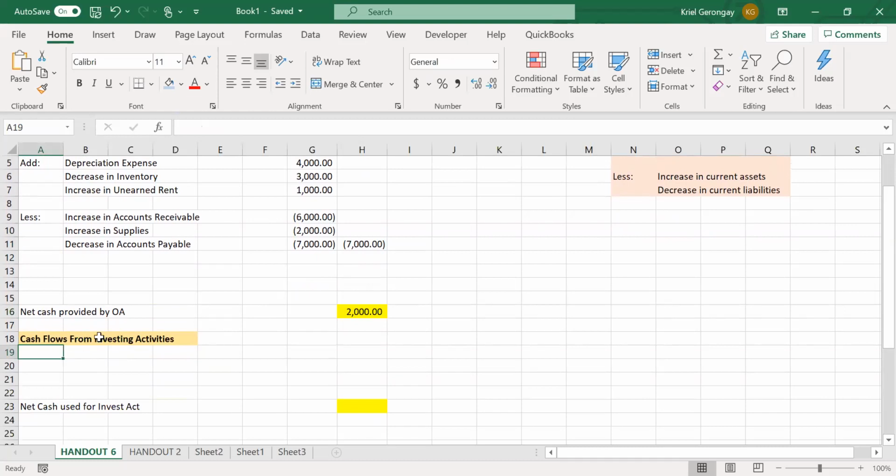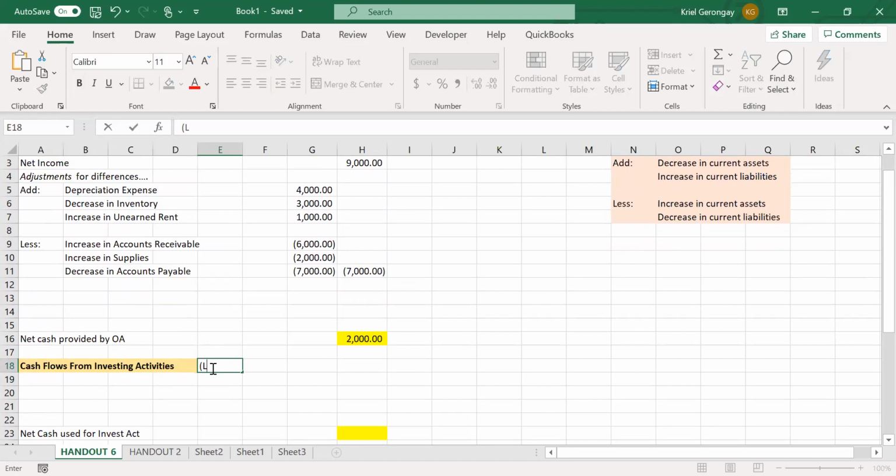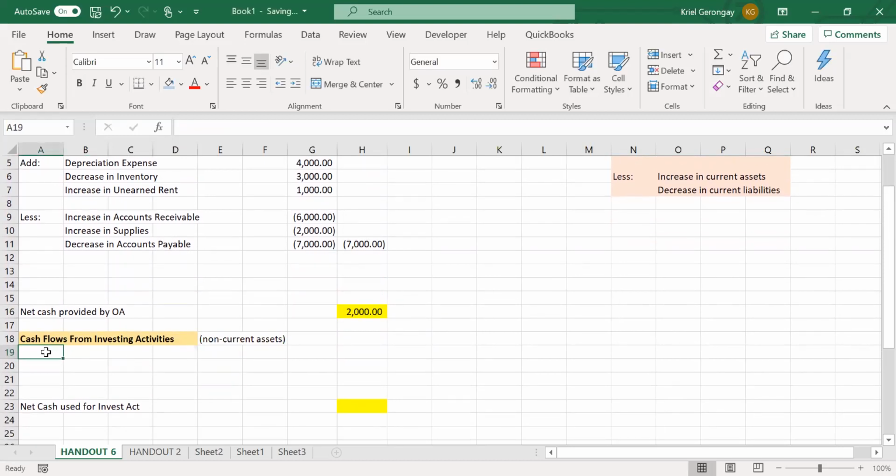So do you want to do the investing activity, Jenny? Not really. Okay. So for the investing activity, we're dealing with the long-term asset, the non-current asset. If you can see on handout 6, your non-current asset here is the equipment, and your equipment increased by 6,000 from 2019 to 2020.